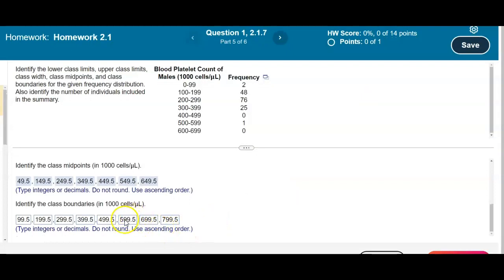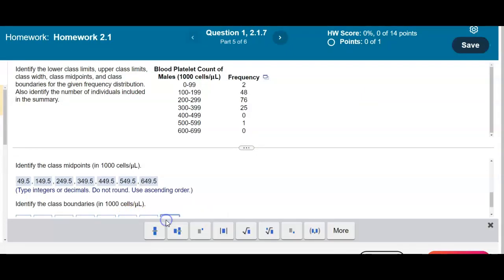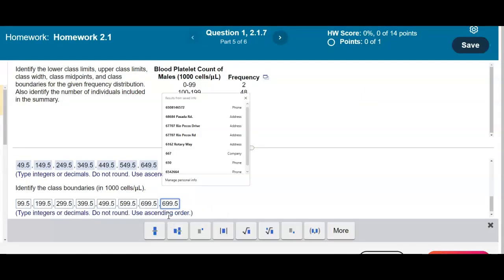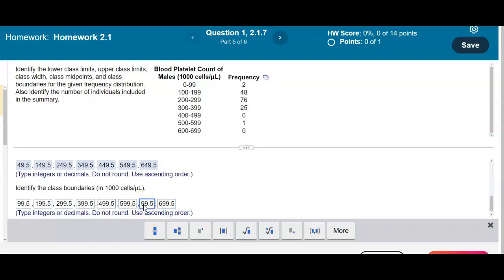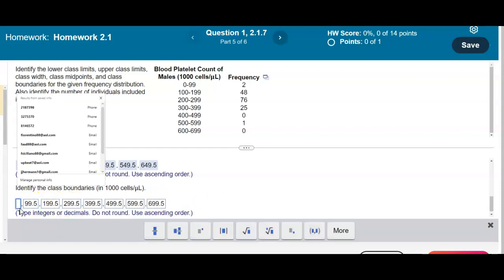So what we're going to do is now we're going to shift this over. So now this is going to become 699.5. This is 599.5. This becomes 499.5, 399.5, 299.5, 199.5, and then 99.5. Now, how am I going to figure out what this number is? Well, again, we know that the class width is 100.